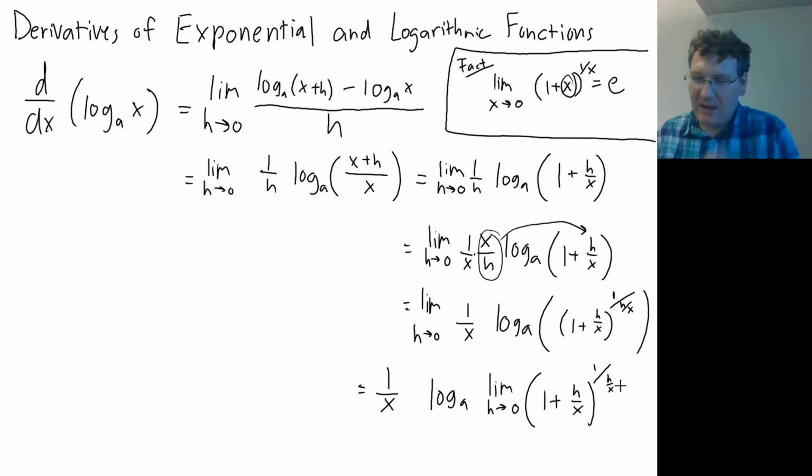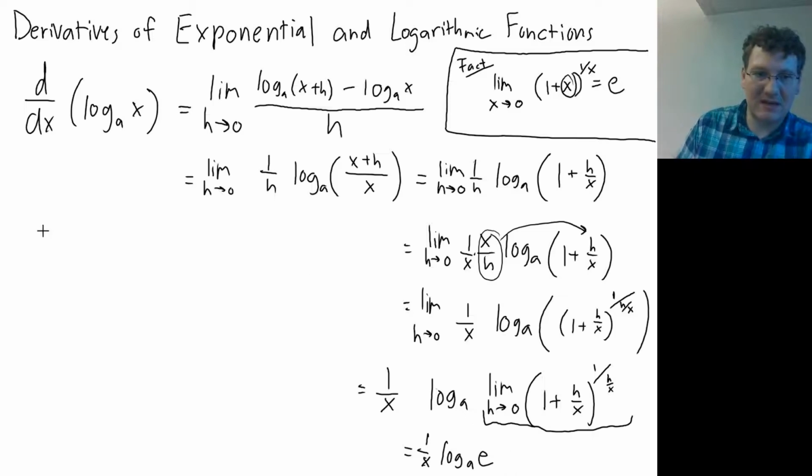Remember, this whole time I'm trying to get this thing to disappear. And now it's exactly in the form I need, because as h goes to 0, h over x goes to 0, and so I can replace this with just e. So we get 1 over x times log base a of e. And that, my friends, is the derivative of a logarithmic function.